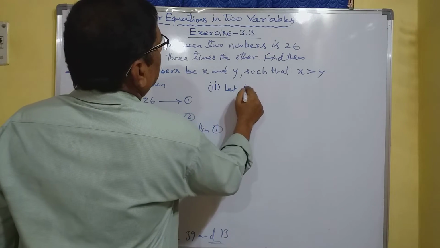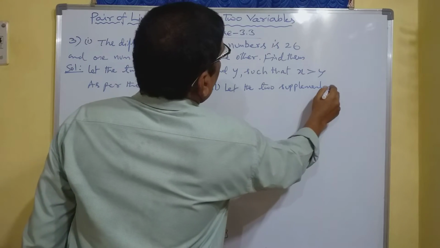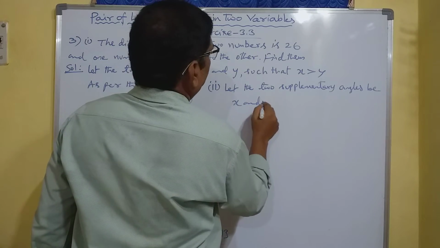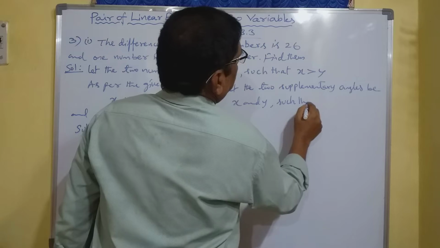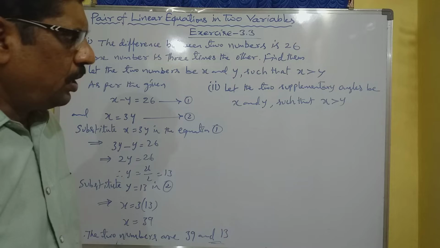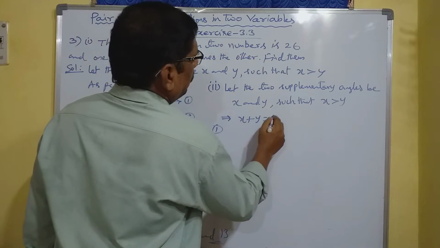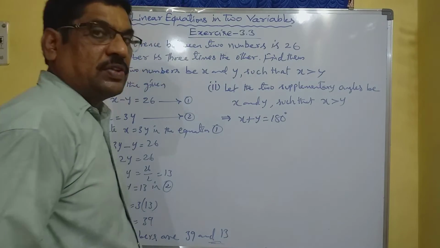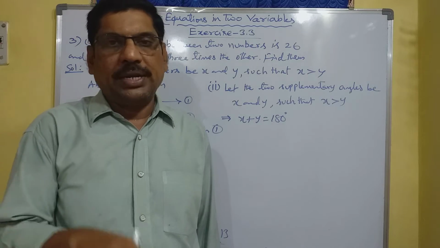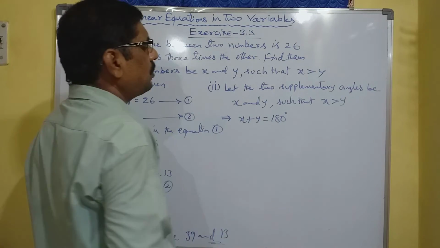Let the two supplementary angles be X and Y, such that X is greater than Y. So let us take X as the bigger among X and Y. So this implies X plus Y is equal to 180. Why? Because supplementary angles means a pair of angles whose sum is 180 degrees is called a pair of supplementary angles. So X plus Y is equal to 180 degrees.